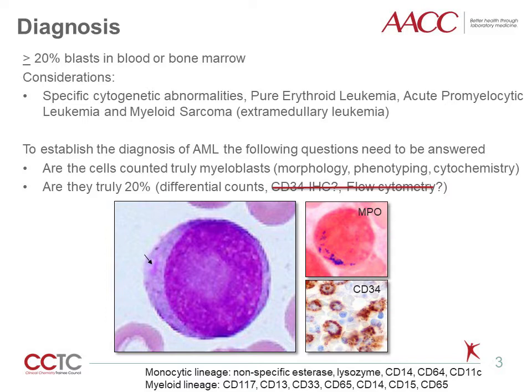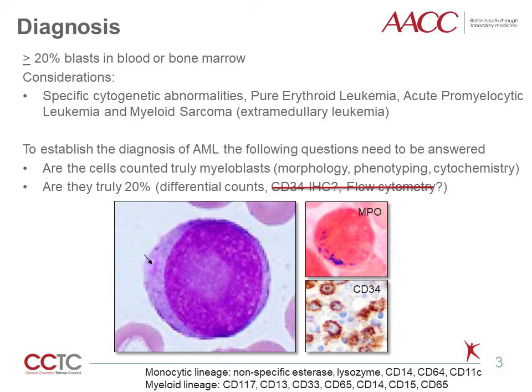Immunohistochemistry for stains such as CD34 helps estimate the overall numbers of blast cells in core biopsy or clot specimens. Expression of myeloperoxidase by either cytochemical reaction, immunohistochemistry, or flow cytometry is considered evidence of myeloid differentiation. Monocytic differentiation demonstrated by nonspecific esterase cytochemistry, lysozyme immunohistochemistry, CD14, CD64, or CD11c is also used to help define myeloid origin.